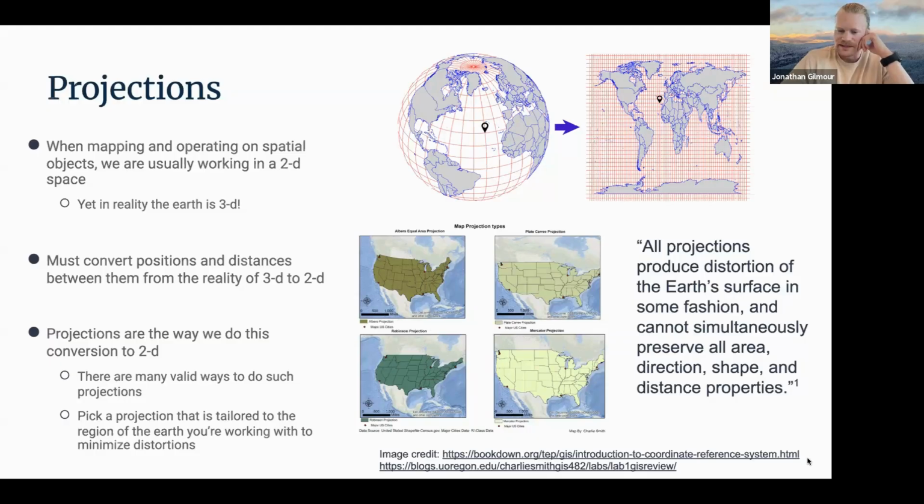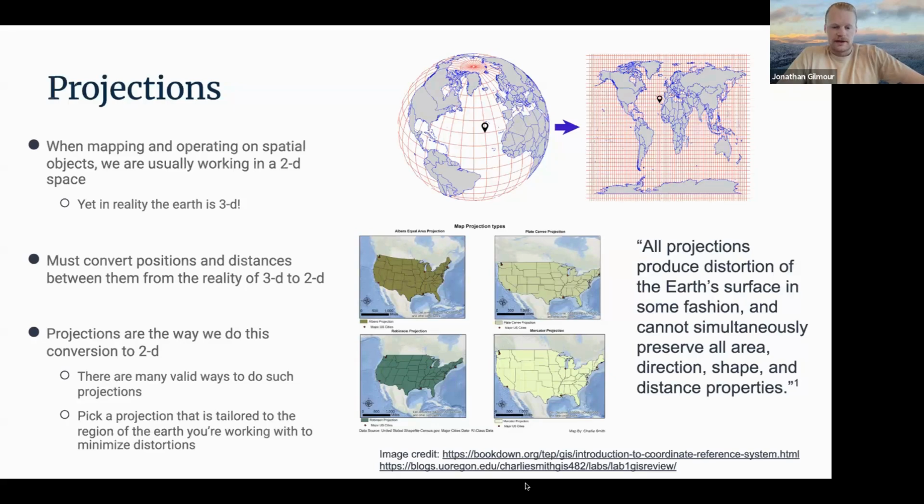So I love this: all projections produce distortion of the Earth's surface in some fashion and cannot simultaneously preserve all area, direction, shape, and distance properties. Here are some different map projection types for the lower 48, and you'll see they're very different. This is really important to remember when we're thinking about how to communicate spatial data, and also when we're evaluating what pitfalls the projection type we're using might produce.